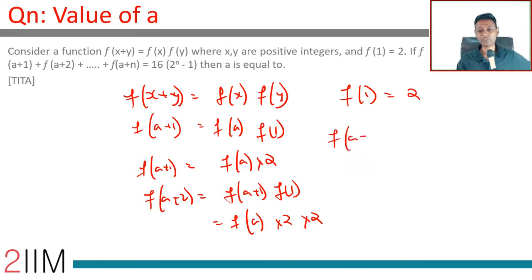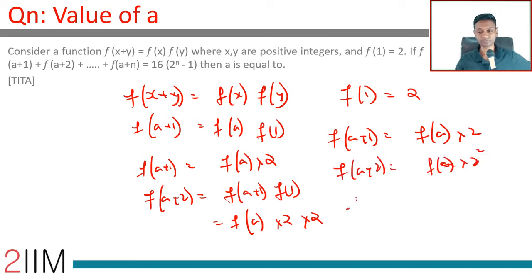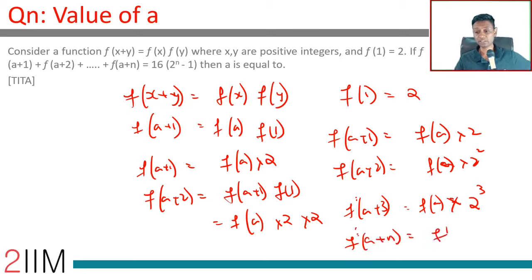Oh, brilliant. We've got this. F of a plus 1 is f of a into 2. F of a plus 2 is f of a into 2 square. F of a plus 3 is f of a into 2 cube. F of a plus n is f of a into 2 power n.